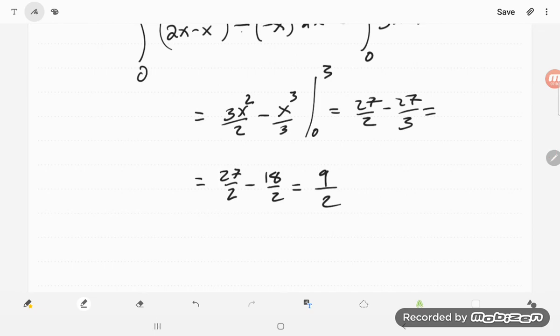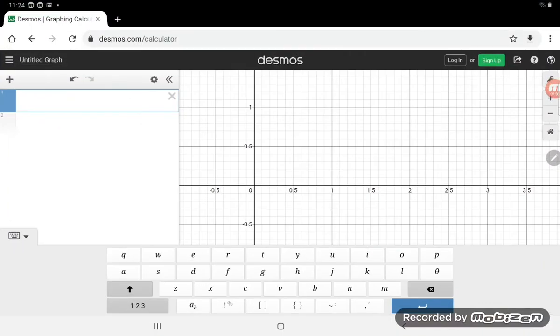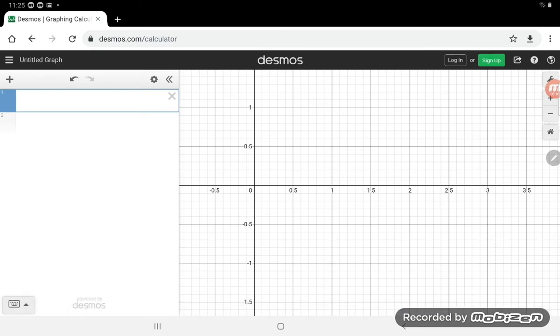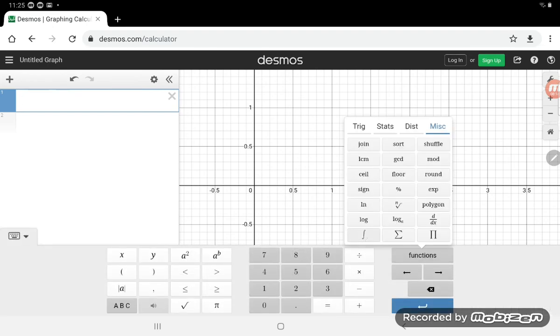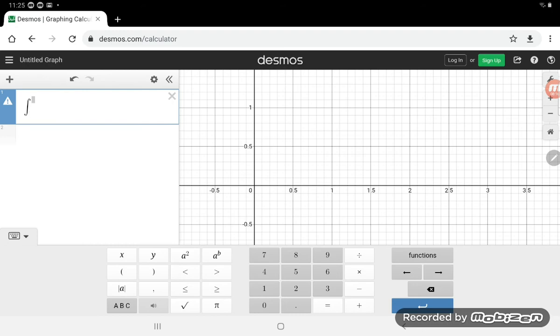So I go to Desmos and I tell it that I want the integral. Where's my function stuff here? Oh, there they are. Maybe my hand was in front of it.